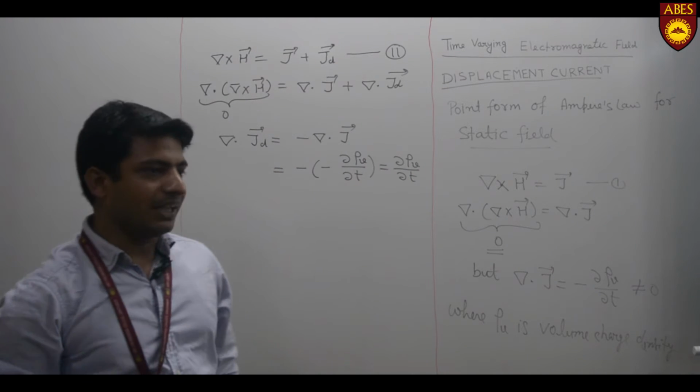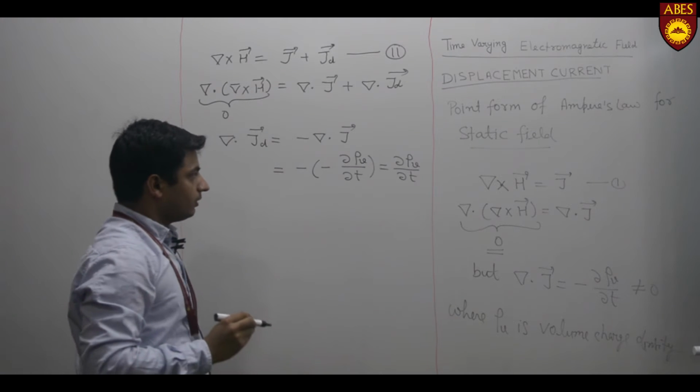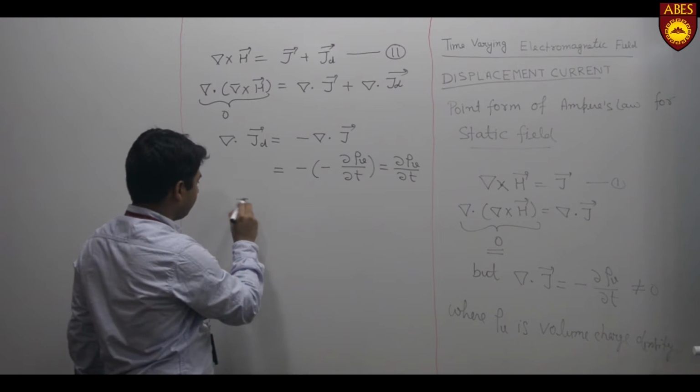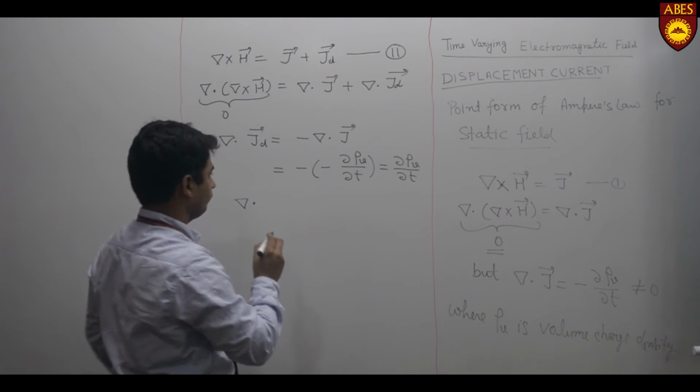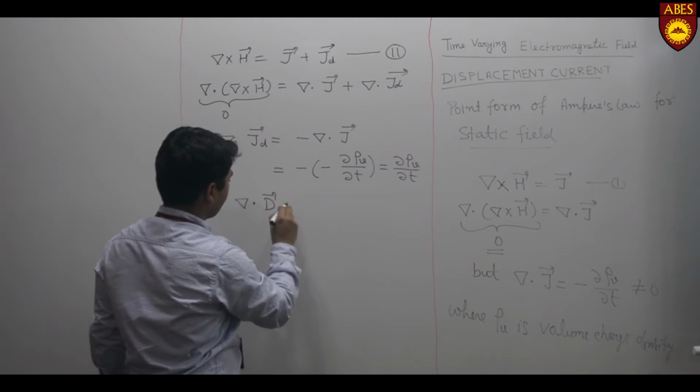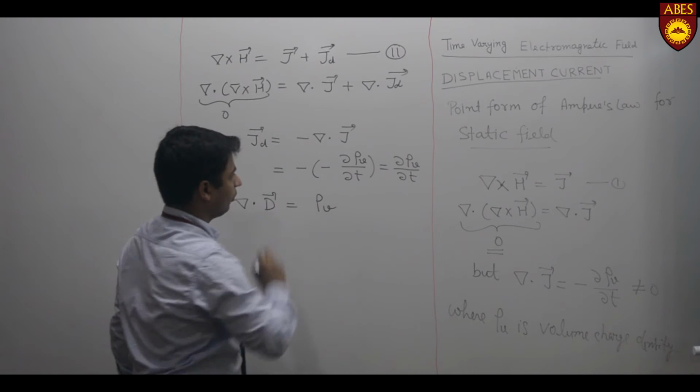But from Maxwell's equation, we know that divergence of D is equal to rho v.